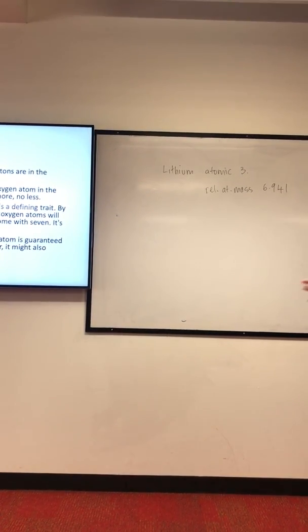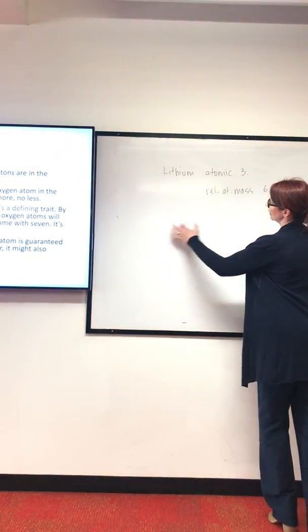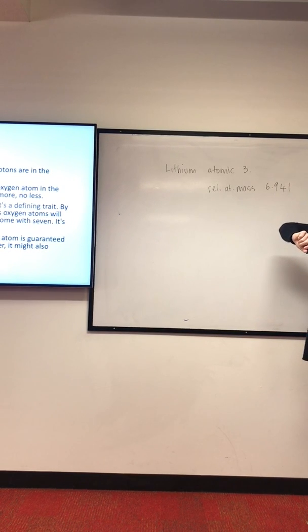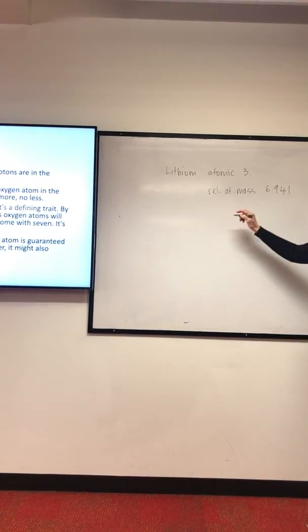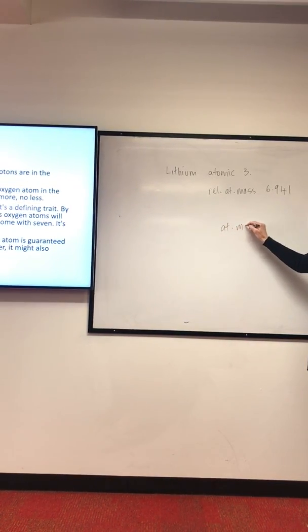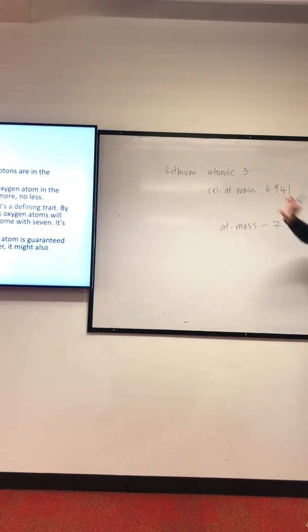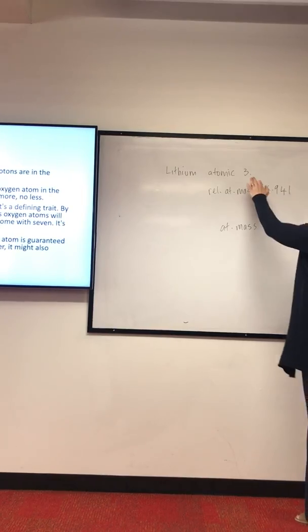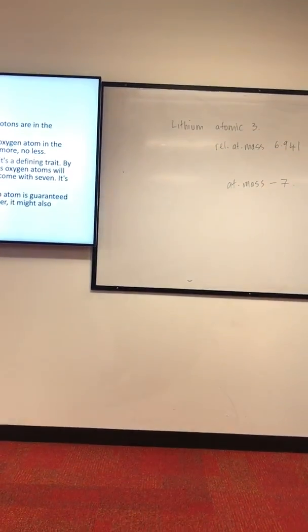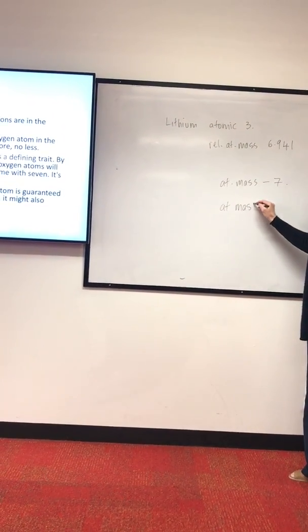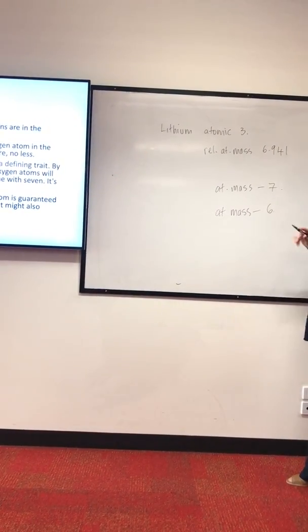So if you had a heap of lithium atoms that had 3 protons and 4 neutrons, the atomic mass would be what? 7. Okay? If you had some lithium atoms that had 3 protons and 3 neutrons, the atomic mass would be 6.